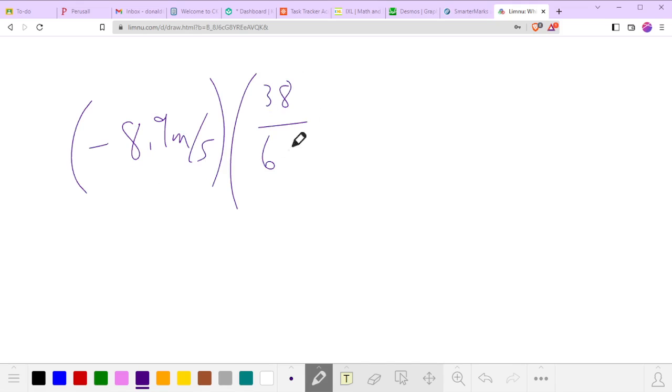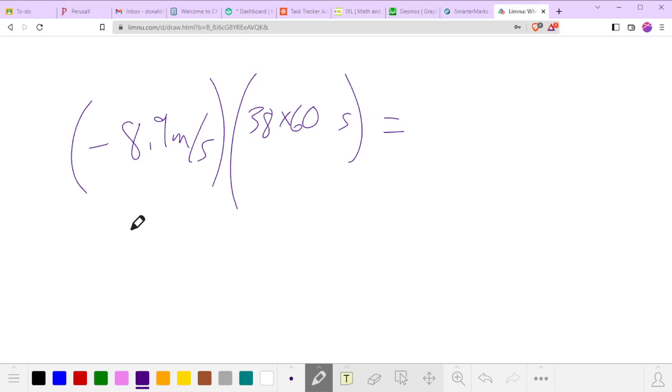It's southbound, so we're going to make it negative. And we multiply it. Actually, no, hang on. Sorry, it's not asking for hours, so it's not 38 divided by 60. It's 38 times 60 for seconds.